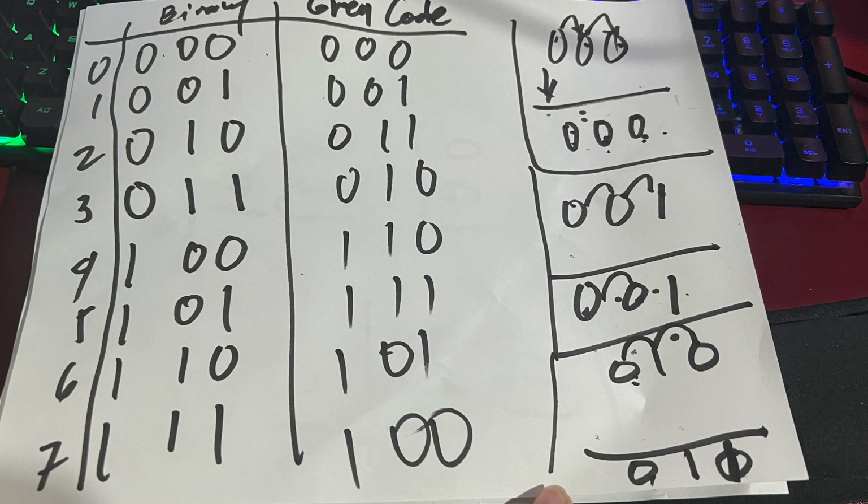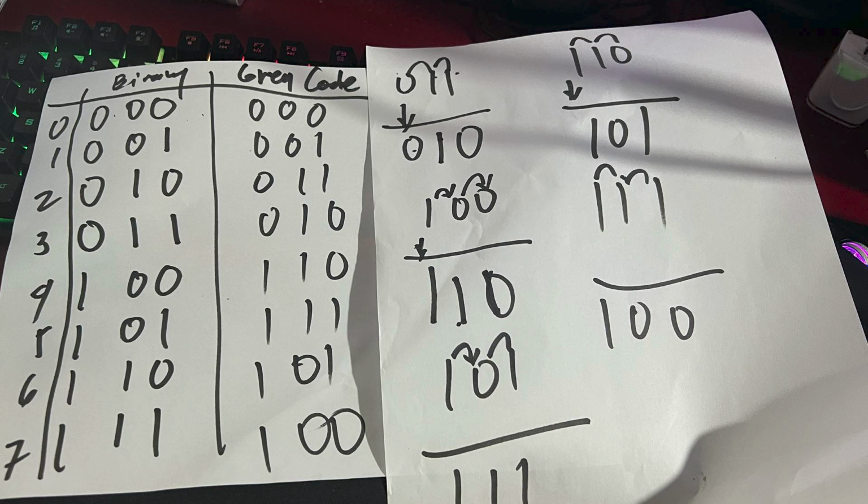So the gray code of 100 is 110. Pagka naman 001, bring down 0. 0 plus 0 is 0. 0 plus 1 is 1. Okay, yan. Pagka naman 010, bring down 0. 0 plus 1 is 1. 1 plus 0 is 1. Okay. So ganito na to.